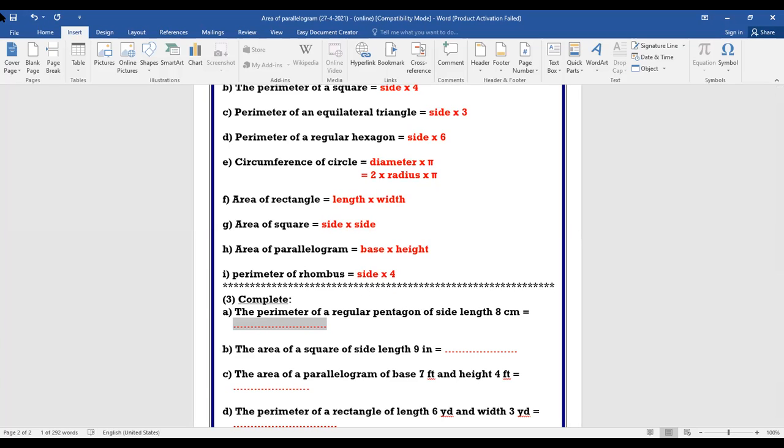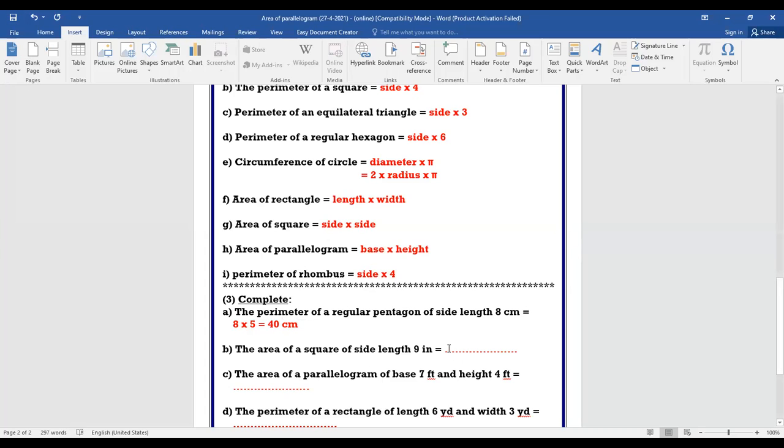How many sides are in the pentagon? 8 multiplied by 5, the length of one side multiplied by 5. 8 multiplied by 5 equals 40 centimeters. Okay.